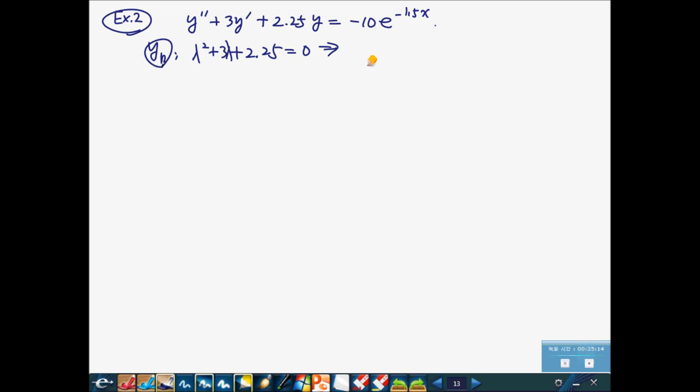So from here, let's say lambda is minus 1.5. Okay, so it's a double root. We have only one lambda, so our yh is c1 e to the minus 1.5x plus c2 x times e to the minus 1.5x. Okay, since it's a double root, we multiply x to the y1 to get linear independent solution. Right?